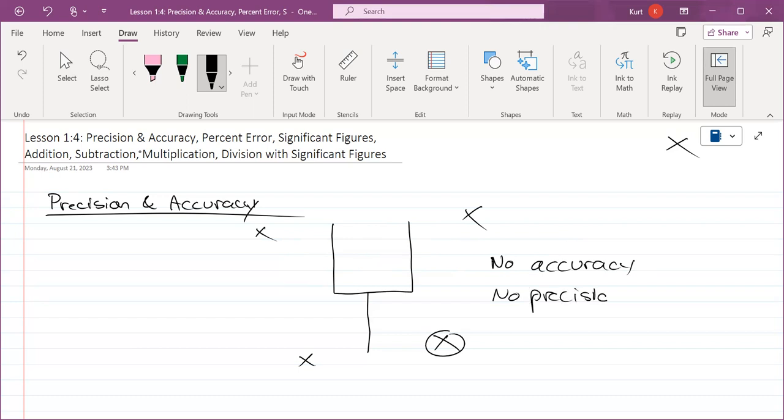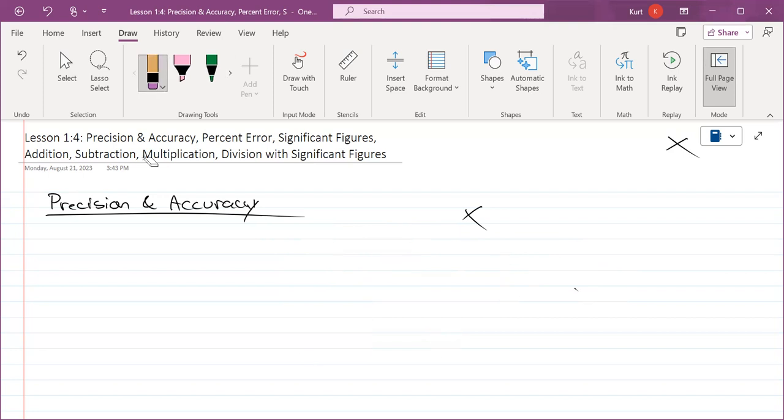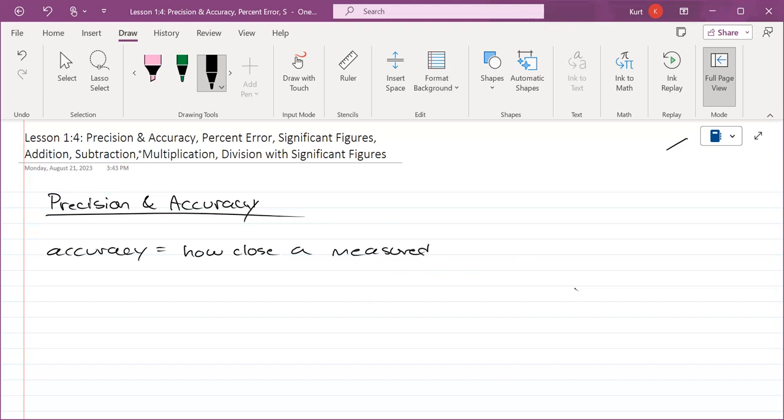So let's apply this to chem and science. Accuracy is how close a measured value is to an accepted value.